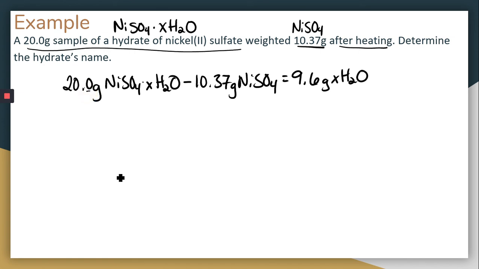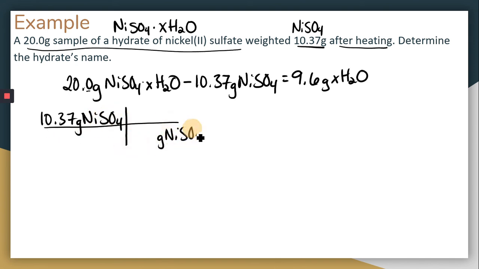All right, so then what we want to do is we want to figure out the mole ratio. So we want to convert our nickel sulfate to moles, and we want to convert our water to moles. So we're going to say 10.37 grams of the nickel sulfate. Bring your unit to the bottom.